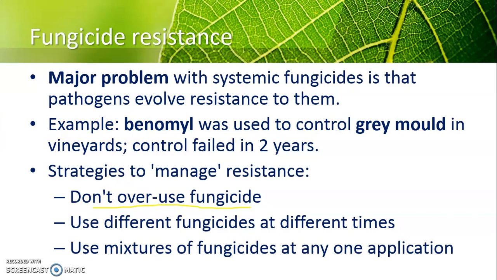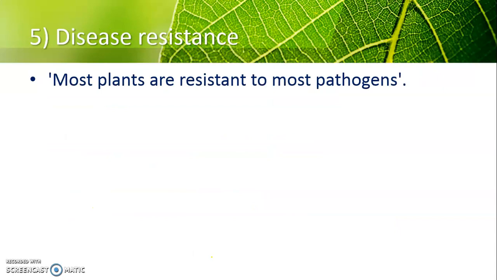Use only as much as necessary, whenever necessary. Use different fungicides at different times, so the pathogen does not become too used to a fungicide. And use mixtures of fungicides. This is very good. For example, if we have 5 different types of fungicides, instead of using one fungicide and then another, we can mix them. Then it will be very difficult for the pathogen to develop resistance to the mixture of fungicides.